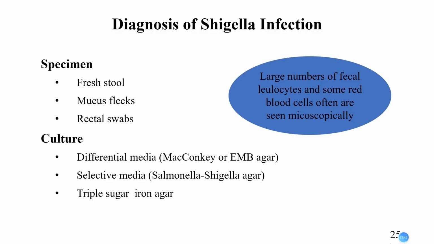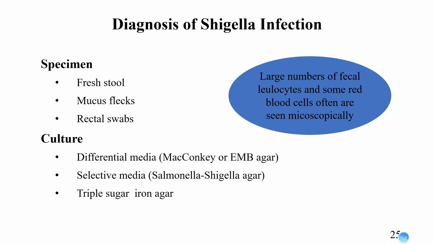For Shigella diagnosis, specimens we use are fresh stool, in which you can find mucus flakes, or you can collect a rectal swab as a specimen.